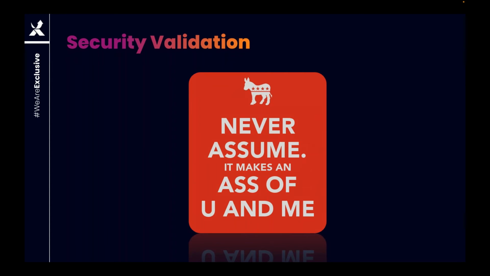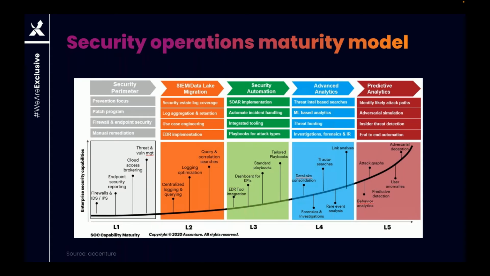And if you look at where breach and attack simulation fits, it depends who you're asking. If you're asking in the typical SOC maturity model, they're going to say, okay, this is by the end. If you have all those investments in place, we will do the breach and attack simulation on level 5. We don't actually agree with this, because breach and attack simulation can really help you much earlier.